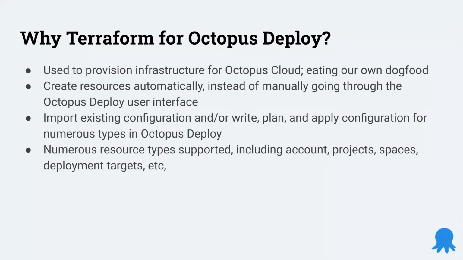As I said, there are numerous resource types supported: accounts, projects, spaces, lifecycles, environments, all sorts of deployment targets, et cetera, et cetera. So you can define these things as HCL and then apply them, destroy them, spin them up, tear them down, et cetera, very quickly through the CLI, and utilize this for provisioning your infrastructure.